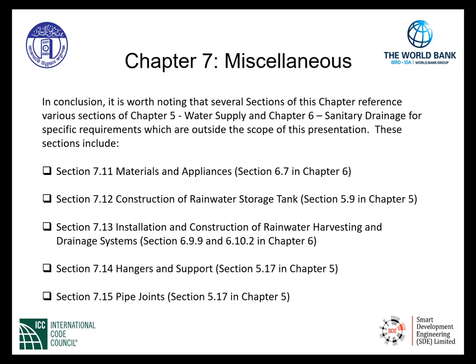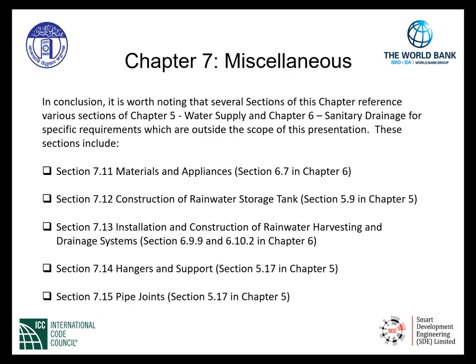In Chapter 6, we saw some of the materials that were allowable utilizing Section 6.7 specifically. In Section 7.12, Construction of Rainwater Storage Tank, the reference to Section 5.9 in Chapter 5 needs to be noted.